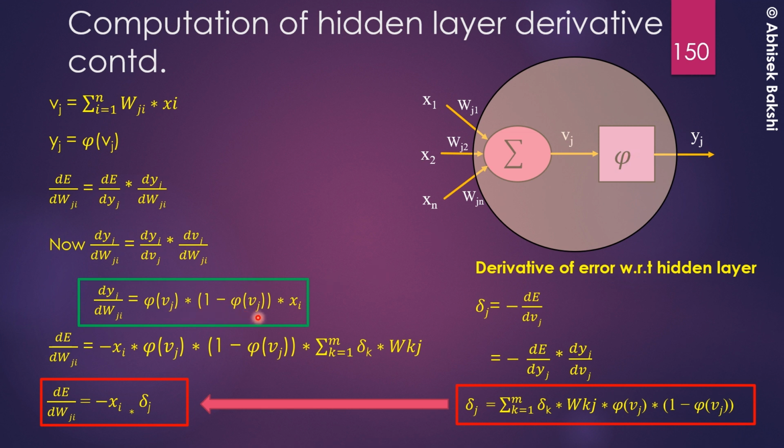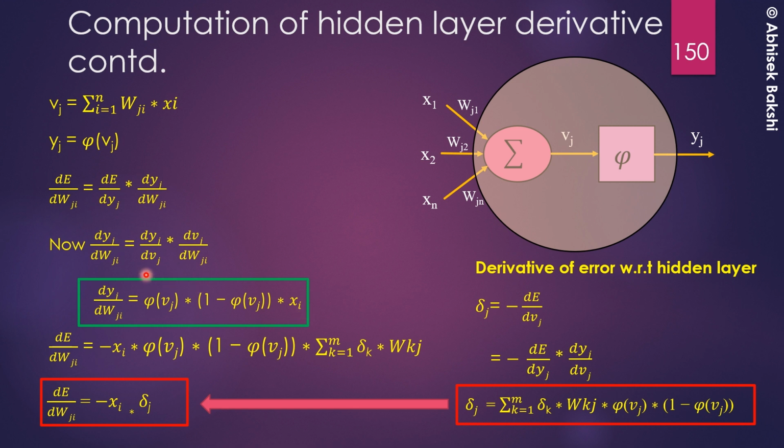Now what is the derivative of vj with respect to wji? Here, xi will come out of the derivative as a constant and the derivative of wji with respect to wji becomes 1. So the derivative of vj with respect to wji is basically xi.